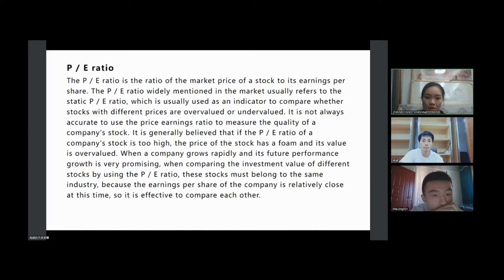It's not always correct to use the price-earnings ratio to measure the quality of a company's stock.